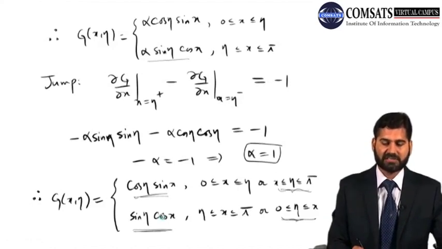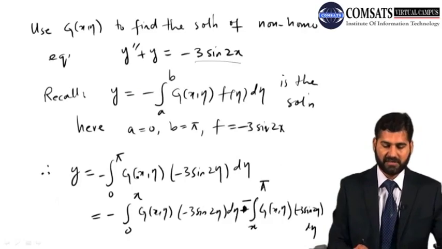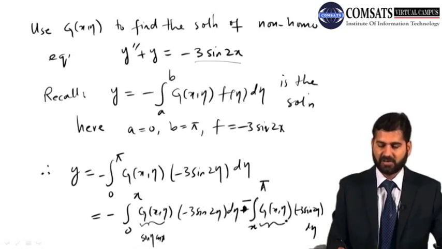Alright, so in the first interval it is sine eta cosine x, and similarly this is cos eta sine x.